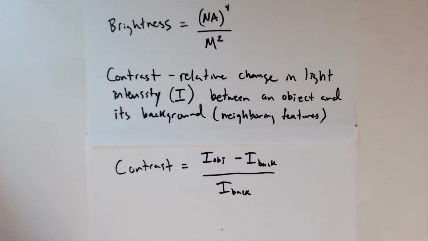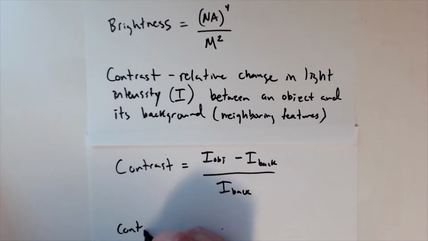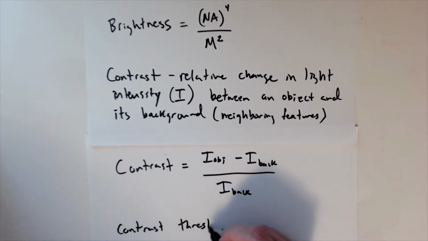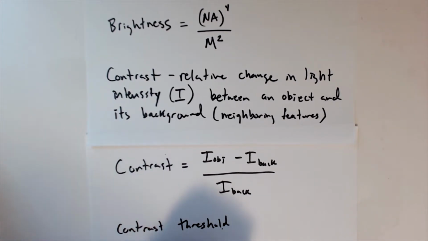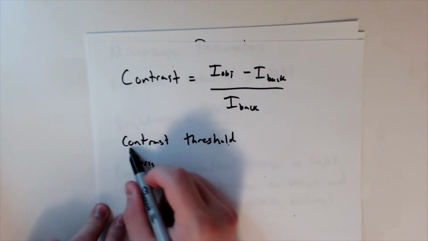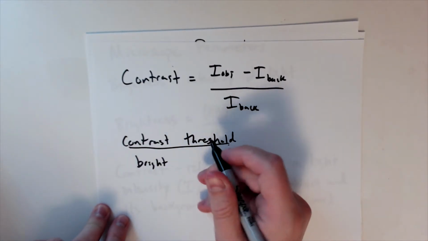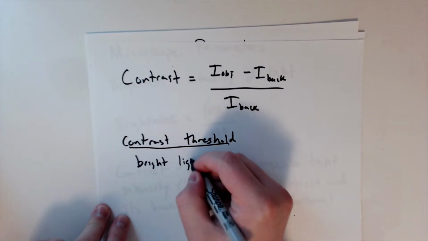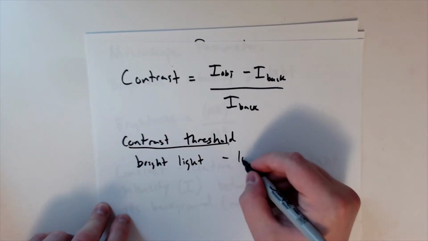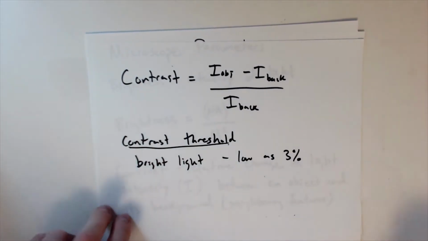We need a certain level of contrast to be able to visualize an object, and typically we think of these as contrast thresholds. If we have bright light, then this can be as low as 3% contrast difference.